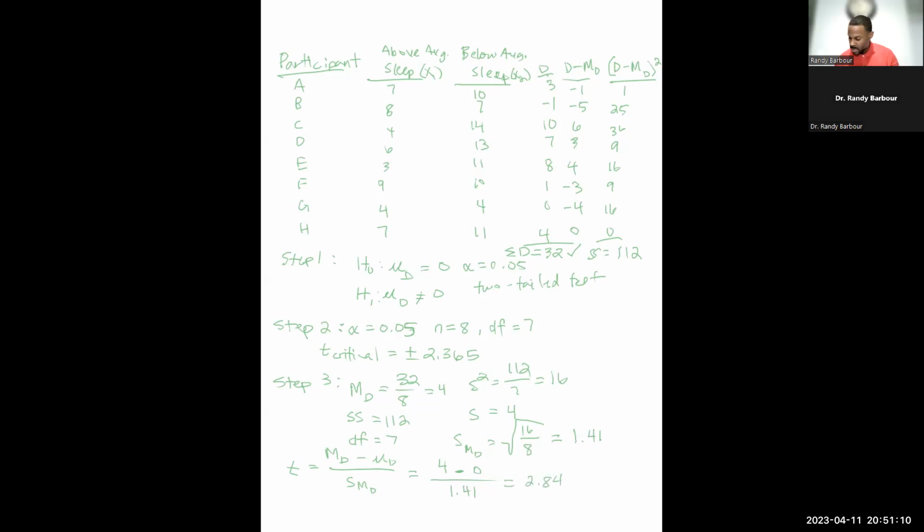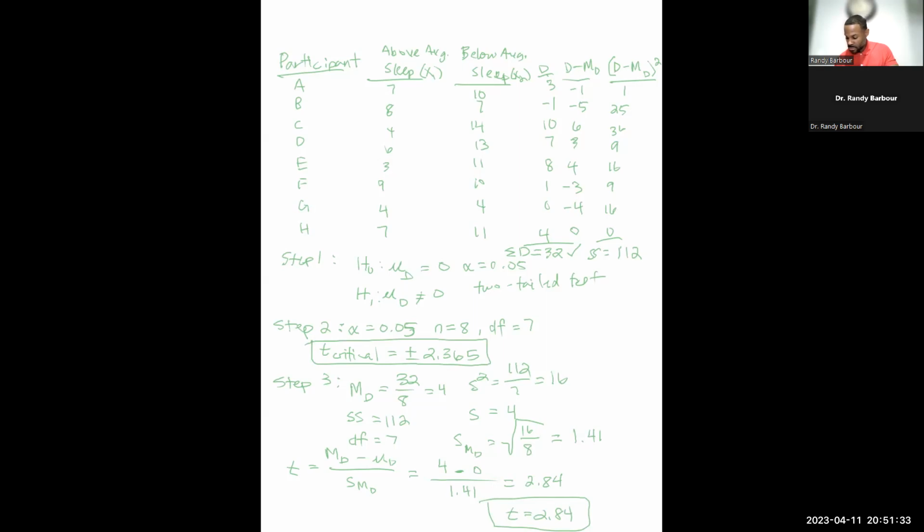Okay, so that is my t. T equals 2.84. Now knowing that I have a t value of 2.84, and a t critical right here of 2.365, I know that I will reject the null hypothesis.